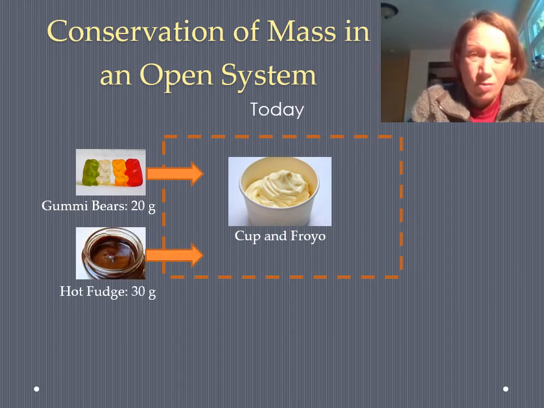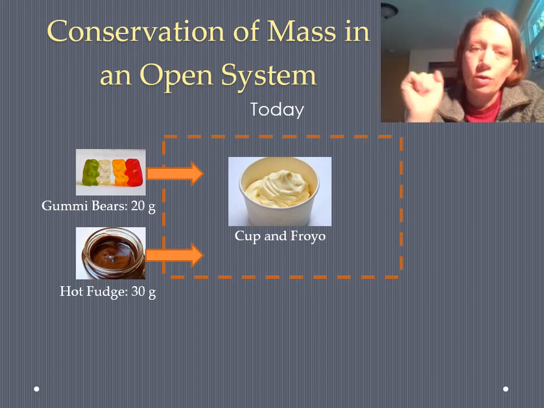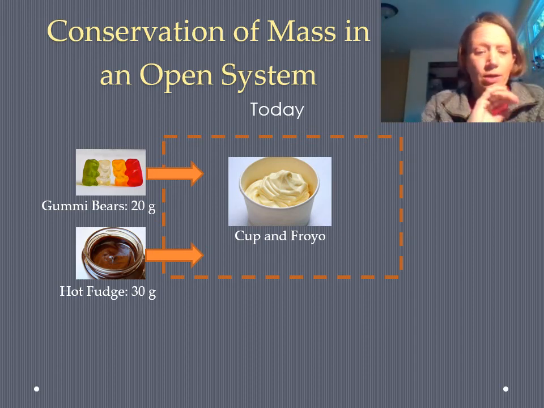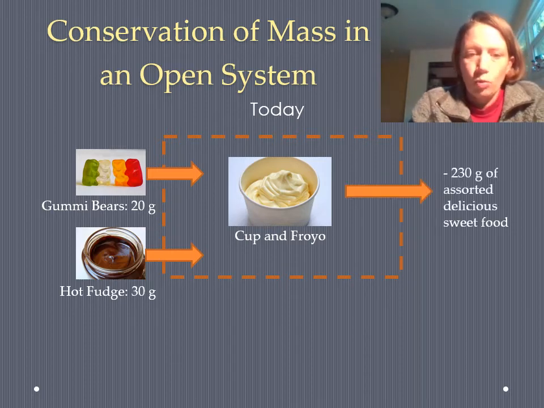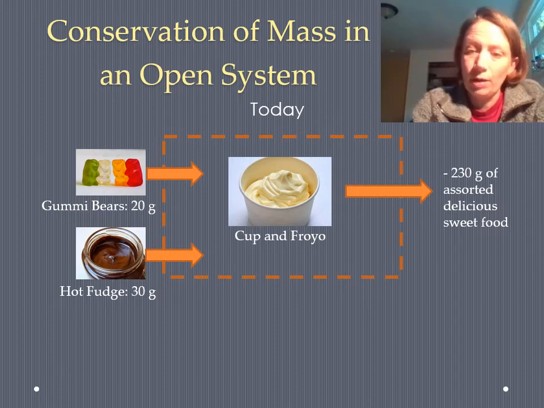You'll notice that I don't know what the mass of the cup and froyo were, and I don't even care. What I care about is what's going in and what's coming out. So I'm going to start off just not knowing the cup, but knowing all the things that are going in and out. Once I put those things in, I'm going to take out negative 230 grams of assorted delicious froyo with toppings. I'm probably going to eat it.